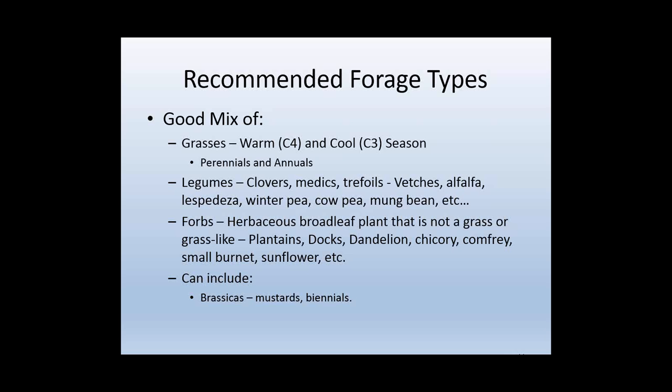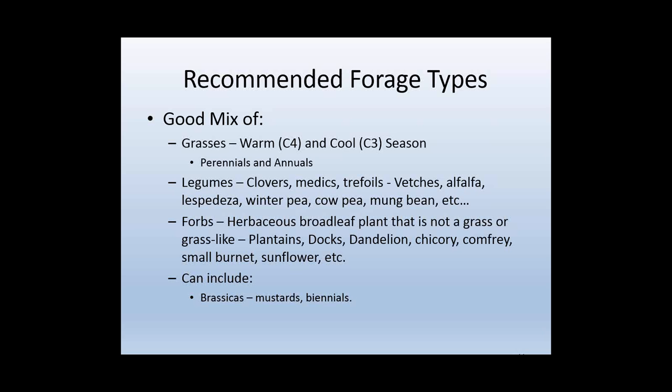You can see in the pictures presented here a lot of mix of grasses, legumes, and forbs, rather than monocultures. We can also include some brassicas in there as well.